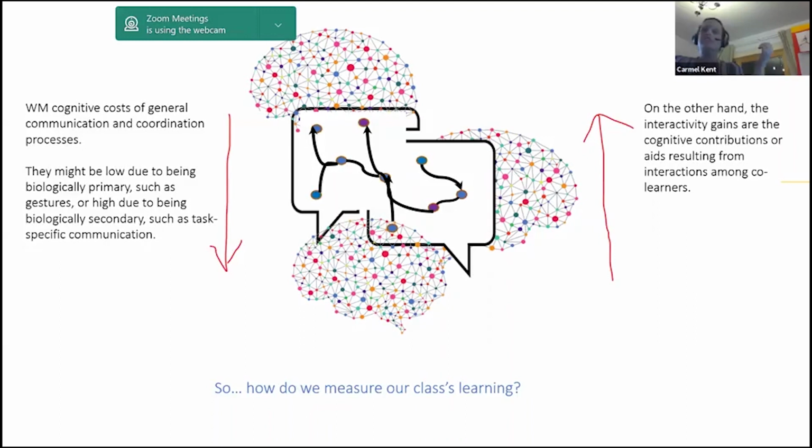So clearly, interactivity is another group property, but unlike the coordination costs, which in a very simplified way we attributed to costs, interactivity actually adds up to our group cognition. So if we look at the group as the entity that thinks and learns, then interactivity is a property that adds to that learning.